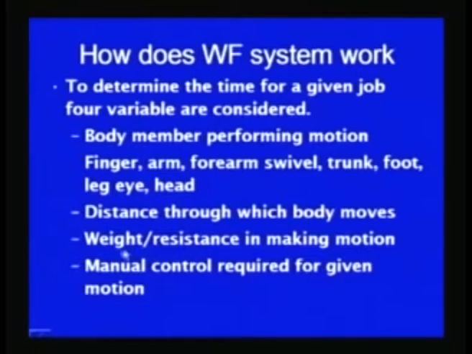The resistance in terms of the weight or any other term, like the force required for performing the motion, is also taken into account, and the kind of precision required or the difficulty which may be there in performing a particular motion is also taken into account. The job is analyzed in terms of these 4 factors, and the time values are obtained accordingly.